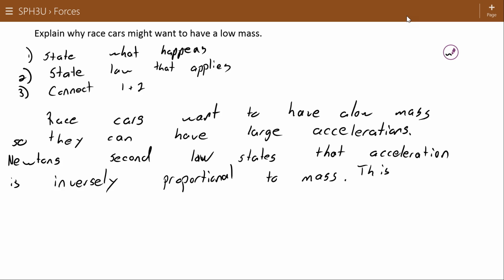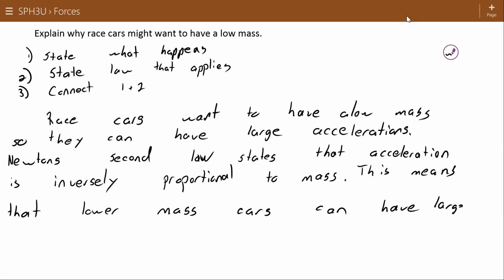This means that lower mass cars can have larger accelerations, or if you want, changes in speed and direction.